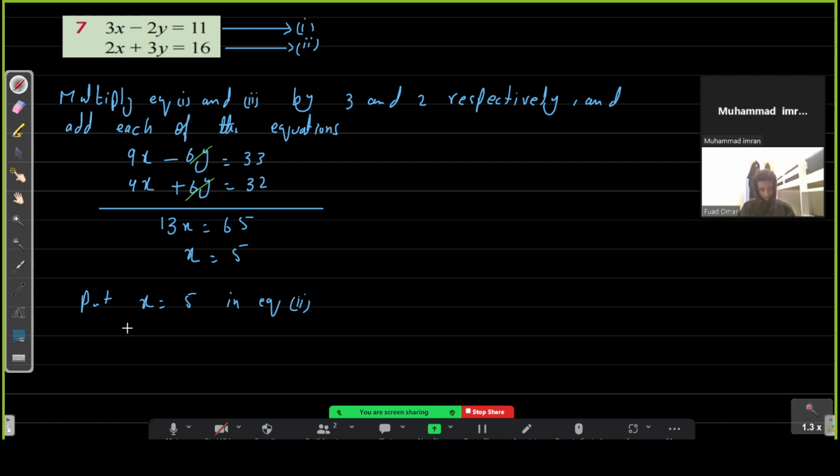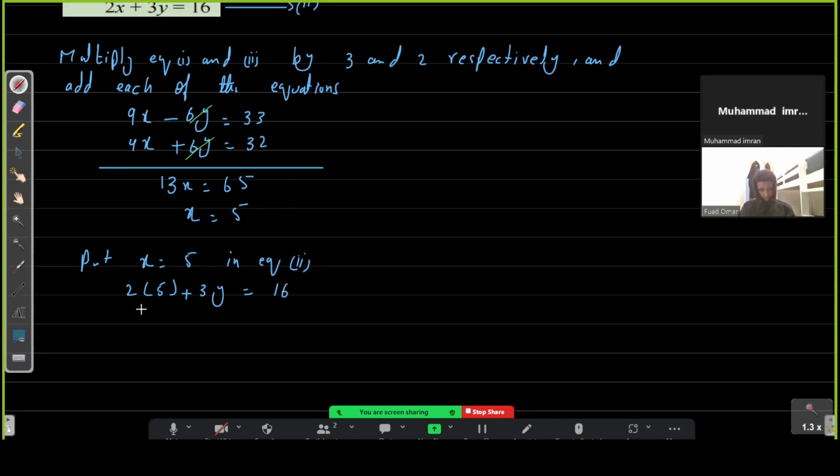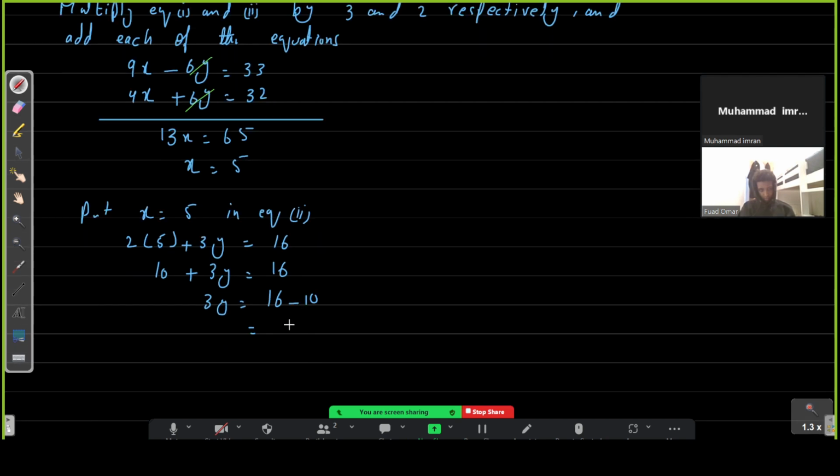So 2x, instead of x we should write x is equal to 5, plus 3y is equal to 16. So 2 times 5 is equal to 10 plus 3y is equal to 16. So 3y is equal to 16 minus 10, which is equal to 6, and y is equal to 6 divided by 3, so y is equal to 2.